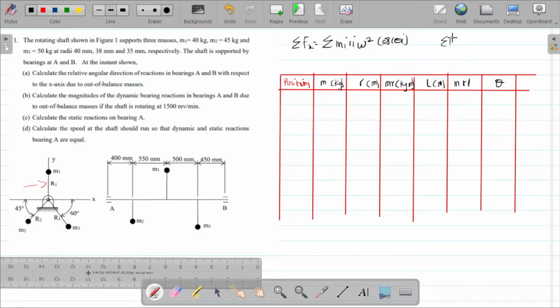The sum of force in y is sigma mi ri omega squared sin theta i. And the sum of moments in x, we have sigma mi ri li omega squared cos theta i.